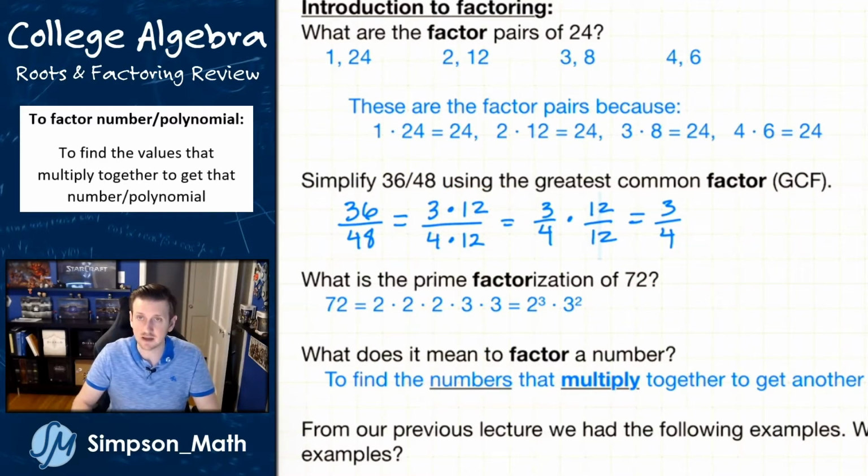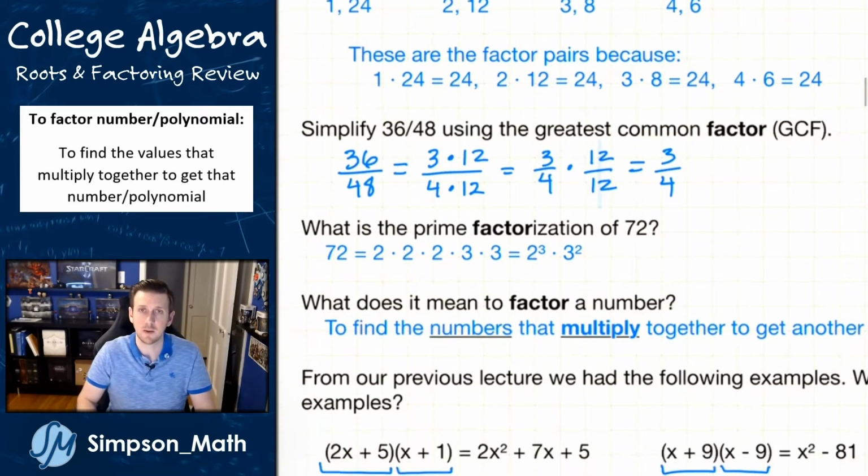So the greatest common factor of 36 and 48, the biggest factor they have in common, is 12. So yes, 2s, 3s, 4s, 6s, all those would work, but 12s are the biggest. That's helpful because 12 over 12 is 1, and we're left with 3/4. You've known how to do that for a while.